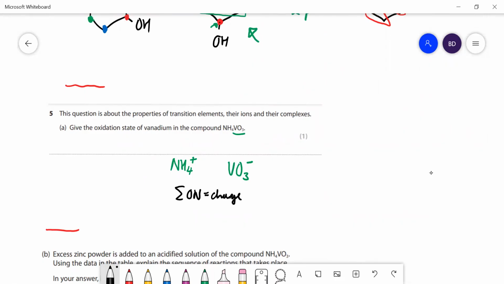So the charge is equal to -1. Let's say the oxidation number of vanadium is V. Oxygen has always got an oxidation number of -2, so that's going to be 3 times -2, -6. And then to add 6 to both sides of the equation, you get V is equal to +5. Oxidation state of vanadium is +5.